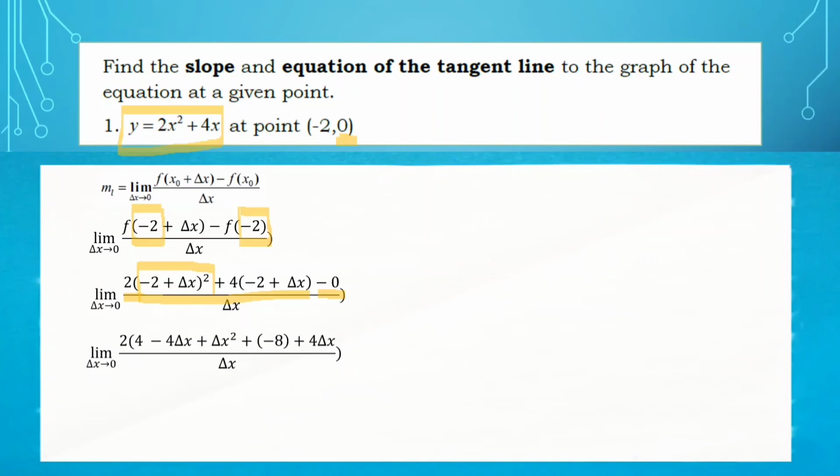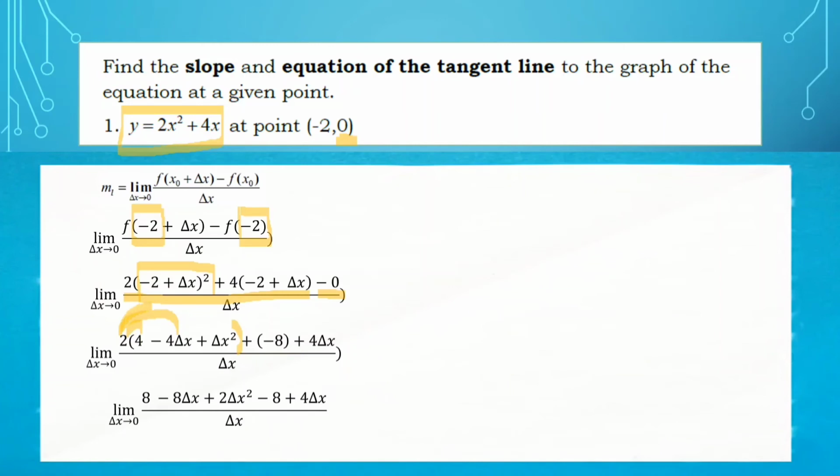Let's proceed to our next step, and that is to distribute the numerical coefficient of the first term, the 2x squared, to the result of our x squared. By using the distributive property, that will become 8 minus 8 change of x plus 2 change of x squared minus 8 plus 4 change of x, all over change of x.